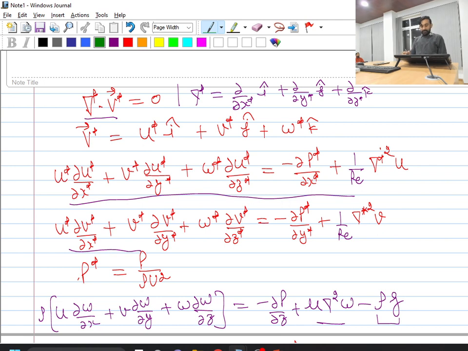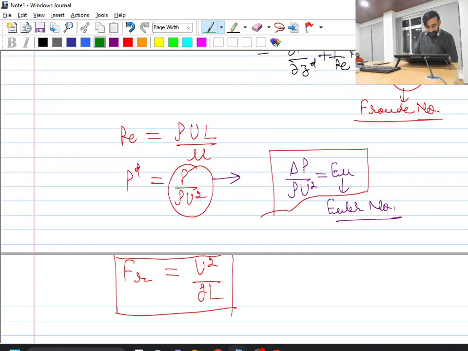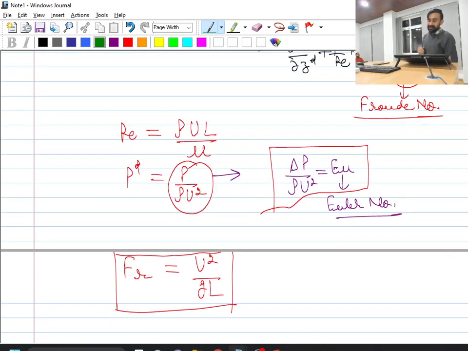Similarly, your second dimensionless number, the Euler number, what does it represent? Delta P, the change in pressure, has some connection with rho u square. Rho u square represents, once again, the motion of the fluid particle.